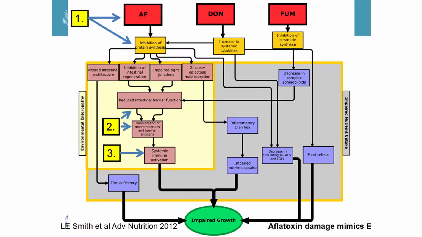This is another framework which is trying to link mycotoxins to linear growth impairment. And what's very interesting is that the mechanisms by which this happens is almost the same: nutrient malabsorption and immune activation and inflammation.